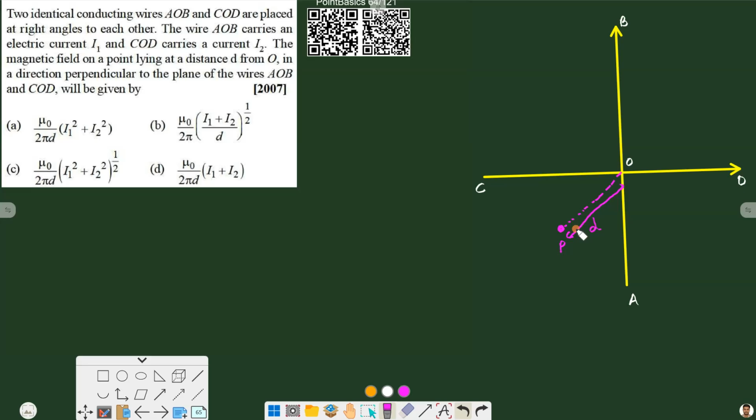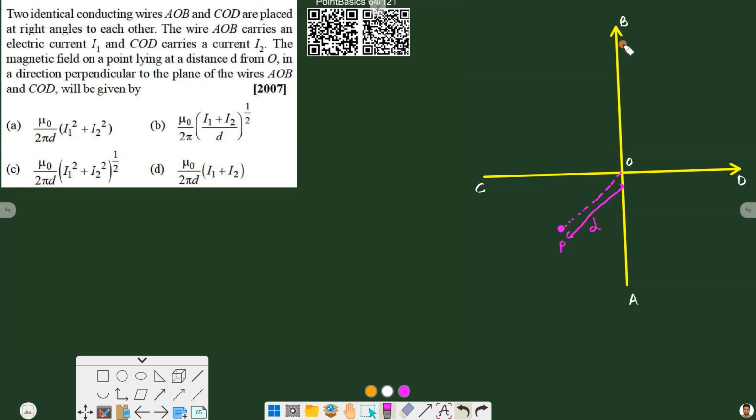Now we have to find the magnetic field, and the direction of current is not given. So for that we can have two possible answers, but we will choose depending upon which answer is satisfied.